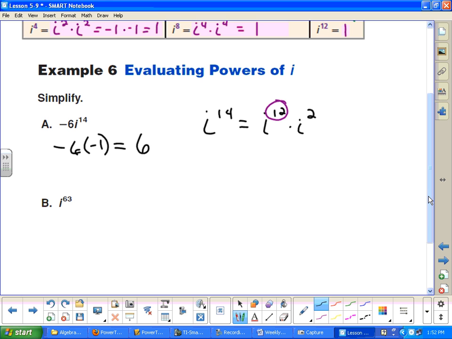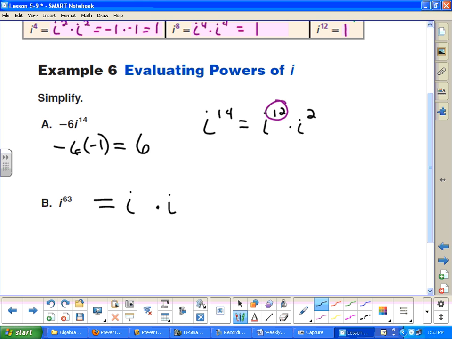i to the 63. i to some multiple of 4 times i to some number less than 4. So let's see. If you have to, you can count: 4, 8, 12, 16, 20, 24. You can do that if you wanted to. Or for 63, what's the multiple of 4 closest to 63? Well, it must be an even number, right? Is 62 a multiple of 4?